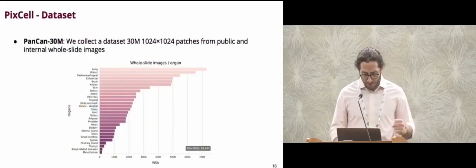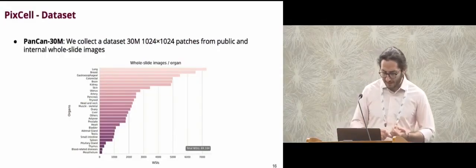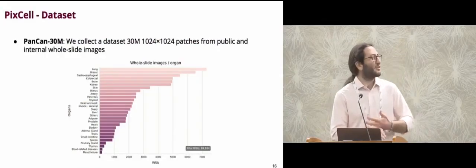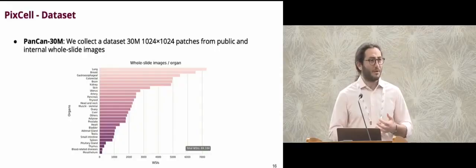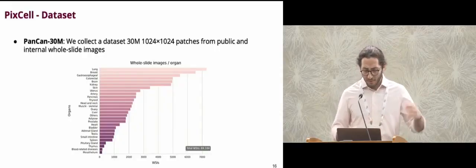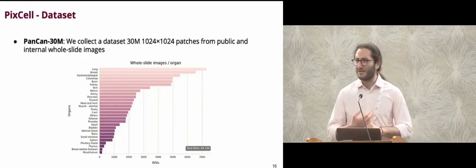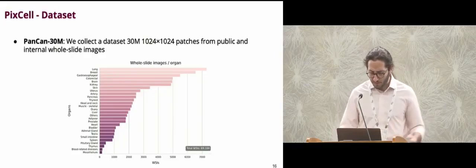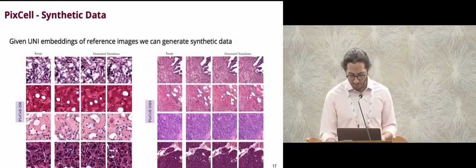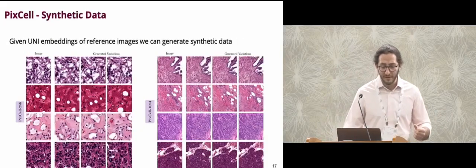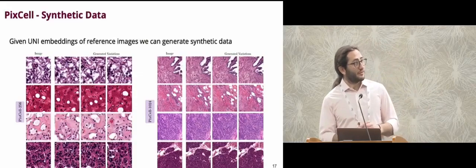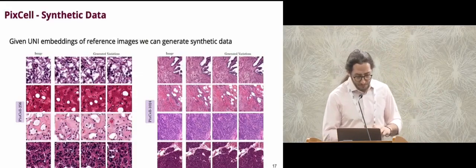For this training, we collected a big data set of 70,000 whole slide images from multiple cancer types. This was around 500 million tiles in total. And we trained the model using the techniques that we used previously. And we used Uni as the self-supervised conditioner.